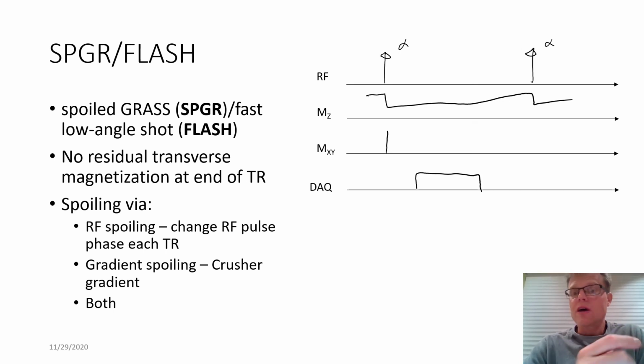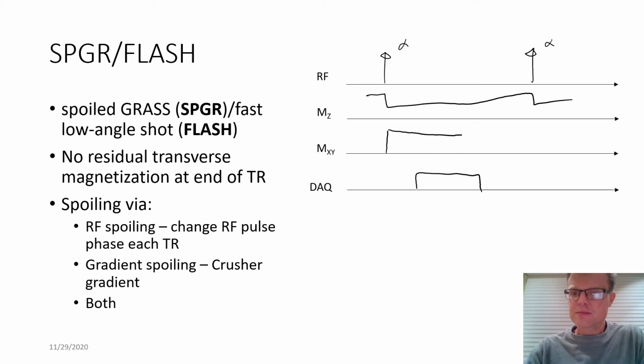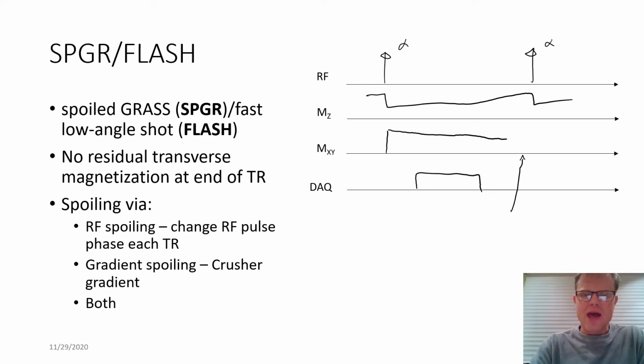Now, I often draw this transverse magnetization as going away very quickly, but suppose it's actually a very long T2 star relative to the TR. What's going to happen here? The assumption of spoiling is that in here we add one of these techniques.